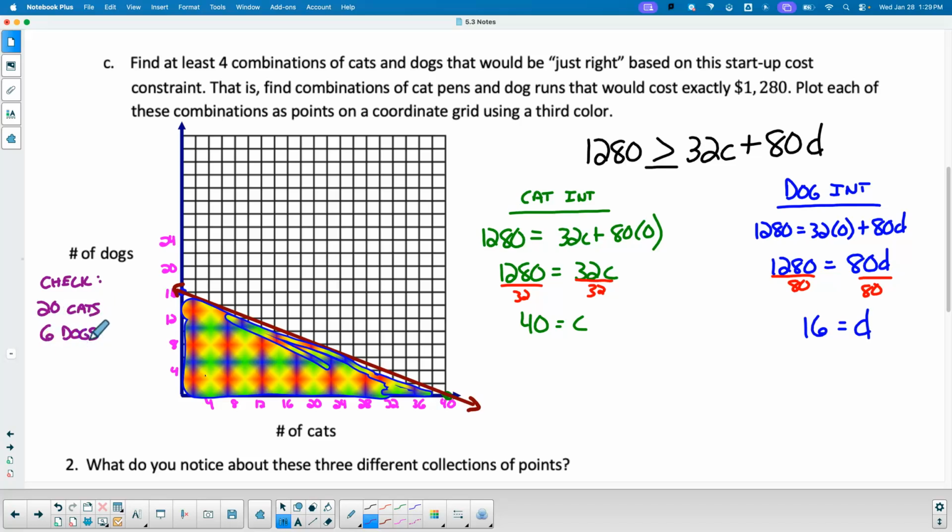That would be somewhere right in about there. Okay? Should work, right? When we plug it in. Okay? Somebody with a calculator is going to need to help me out.